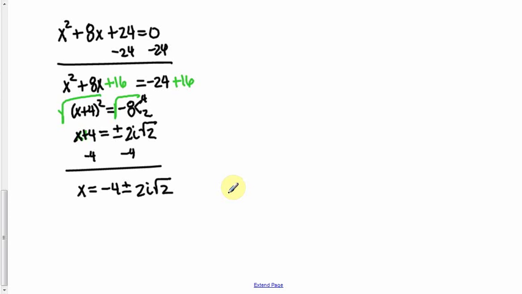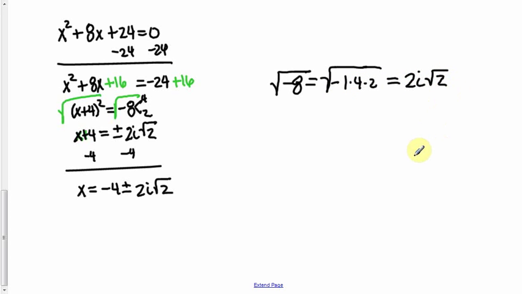Why did the 4 go into the right? It did not. Okay. I broke 8 into 4 times 2. The square root of negative 8 is the square root of negative 1 times 4 times 2. That's i, that's 2, so that's 2i on the square root of 2. I just didn't show this, I showed it right here.